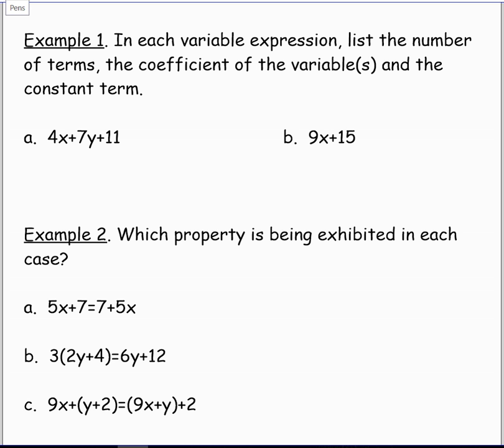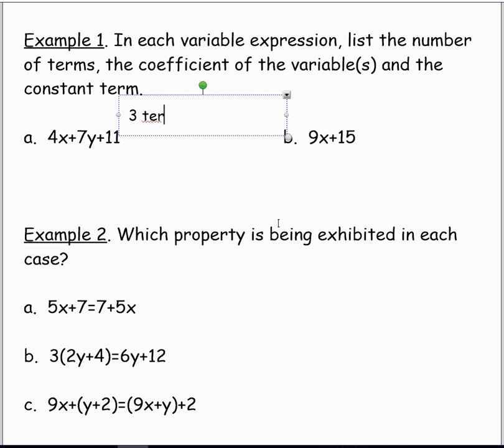For example 1, in each variable expression, list the number of terms, the coefficient of the variables, and the constant term. So for A, we have 4x plus 7y plus 11. There are 3 terms because we have 4x separated from 7y with a plus sign and 7y separated from 11 with a plus sign.